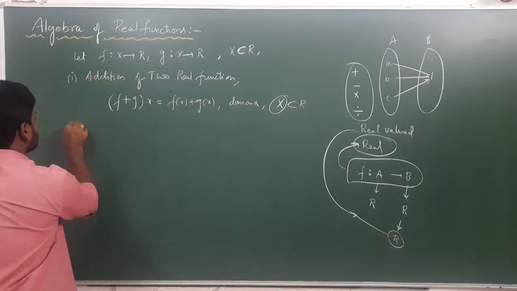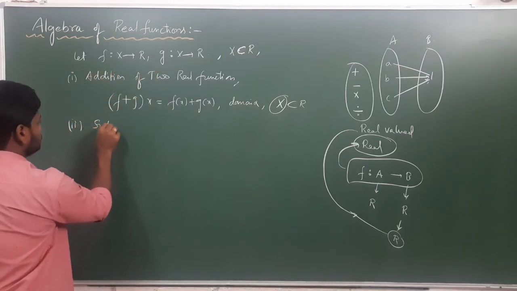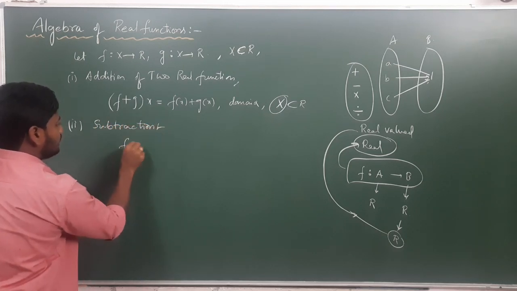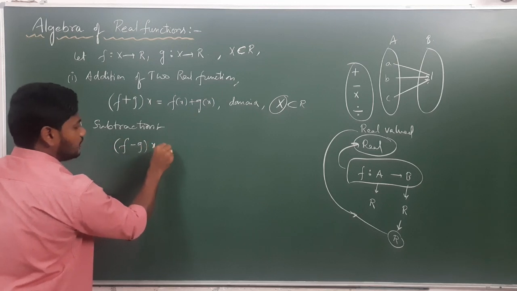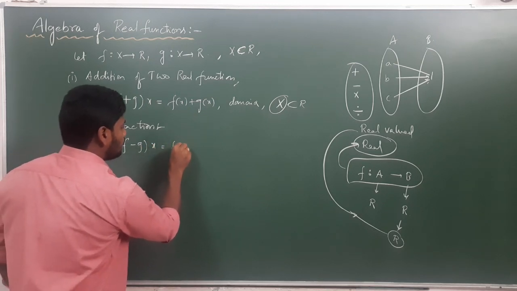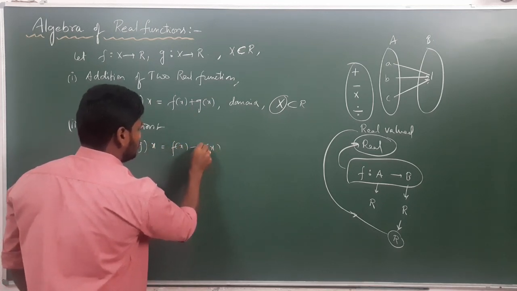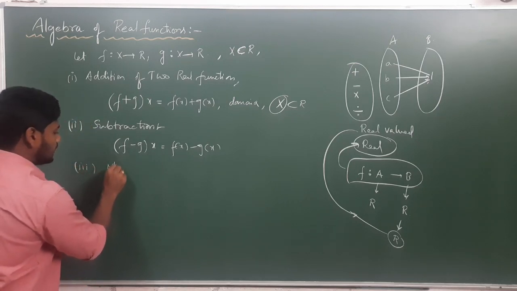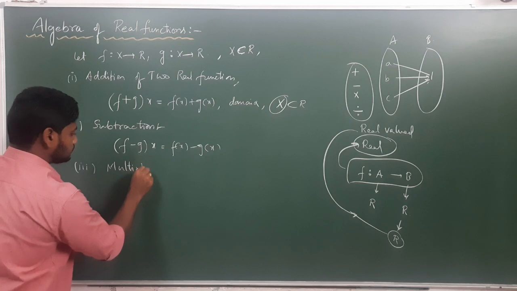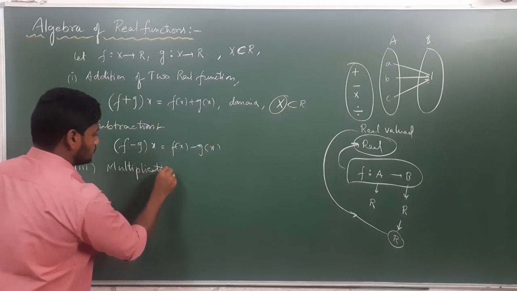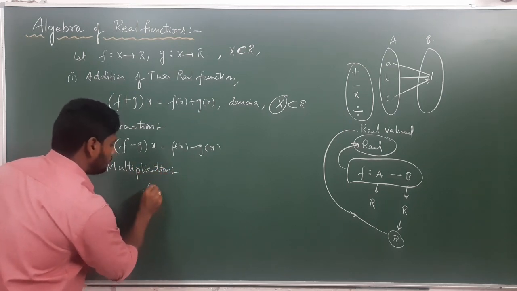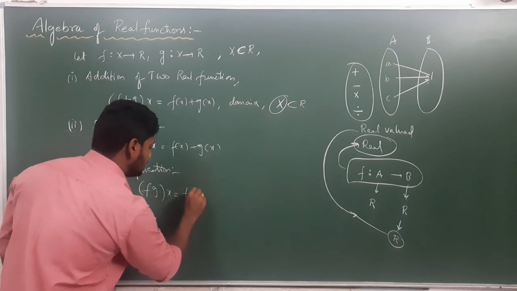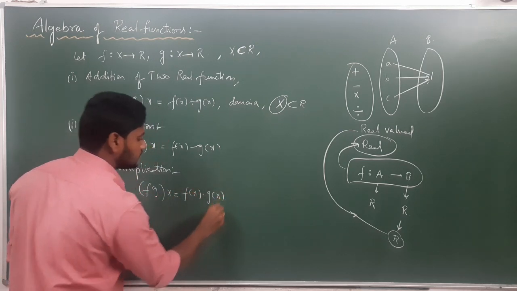Now when it comes to subtraction, f minus g of x we can write as f of x minus g of x. For multiplication, fg of x we can write as f of x into g of x.